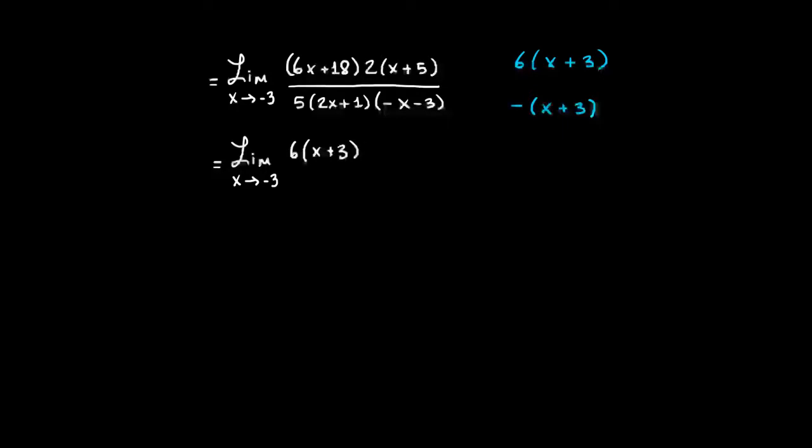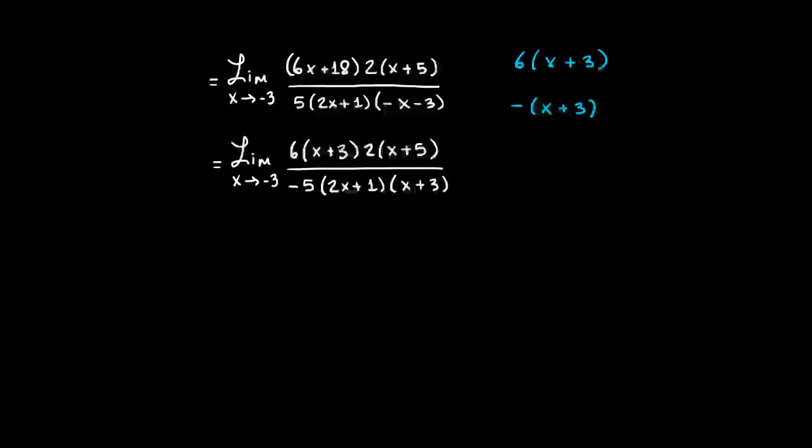This will be times 2 times x plus 5. This will be all over. Now this negative sign, I'm going to put it up front with this 5 to make this -5 times 2 times x plus 1 times x plus 3.